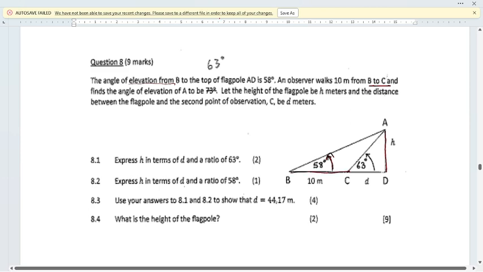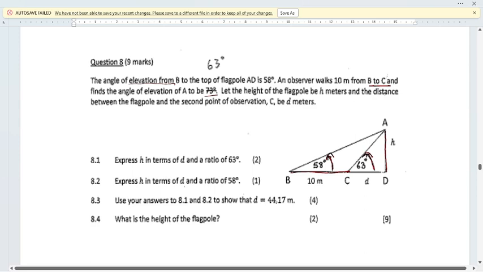Is that clear? Now, they are saying to find the angle of elevation of A to B. They are saying this angle of elevation is 63.